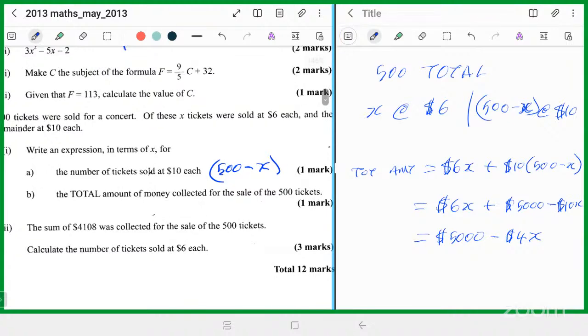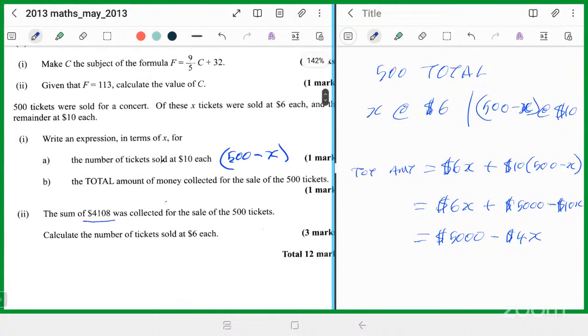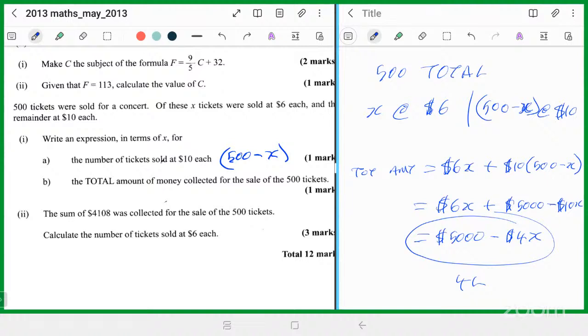Then it says the sum of $4,108 was collected for the 500 tickets, which means this amount is equal to 4,108. That's the total amount collected.